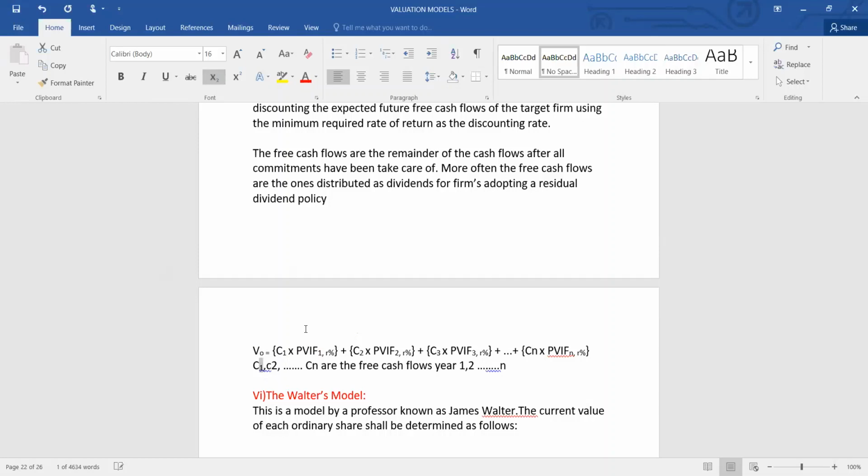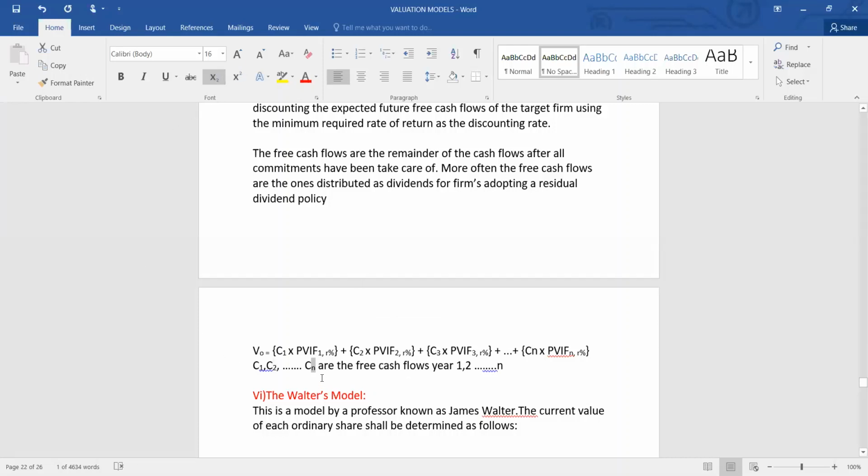So going concern value is an approach where the current value of a firm is captured on the basis of discounting the future free cash flows using, many times, the firm's weighted average cost of capital as the discounting rate. What I know is that you are in a position to work out the weighted average cost of capital.